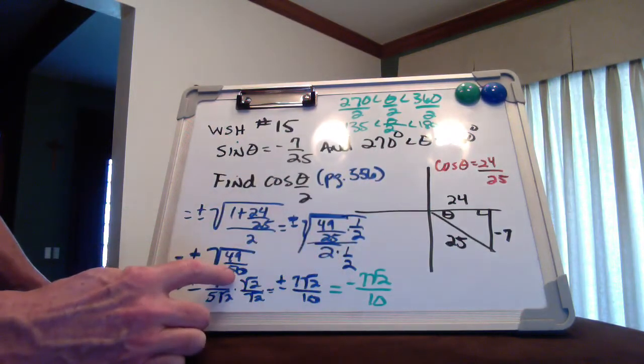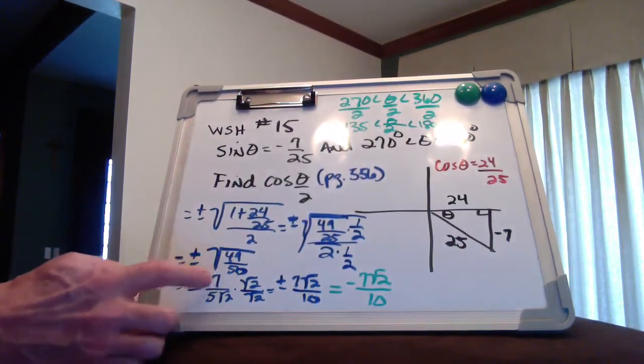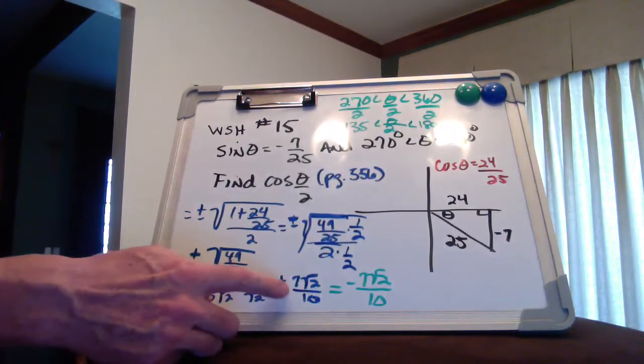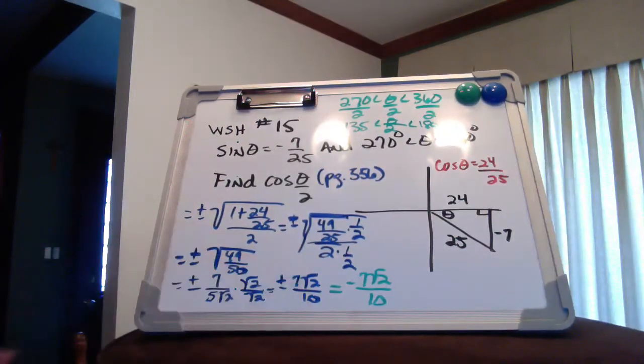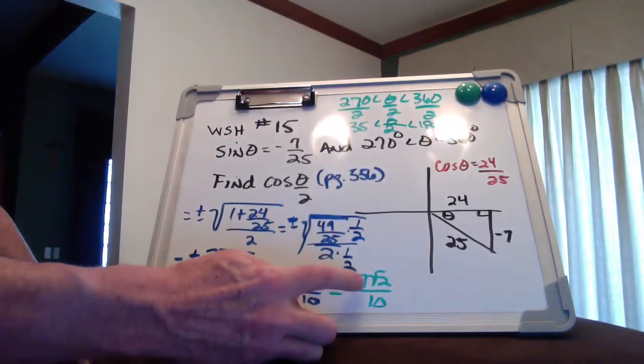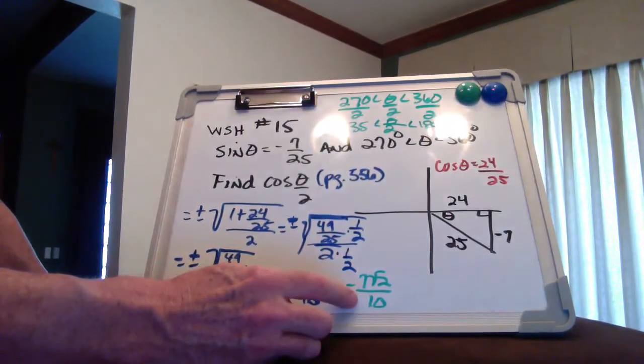So I have 50 right here. Then simplifying the numerator and denominator, rationalizing the denominator. So then I end up with plus or minus 7 radical 2 over 10. And my final answer is negative 7 radical 2 over 10. This is the correct answer.